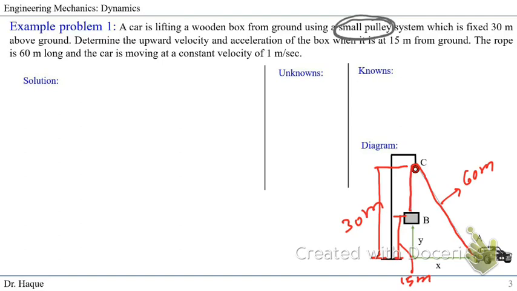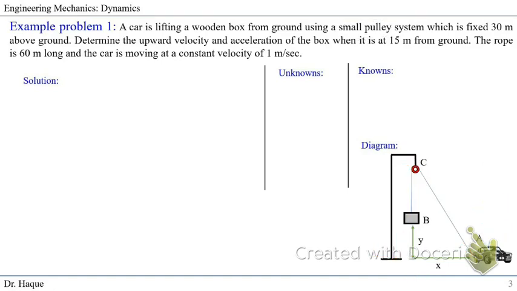So this pulley is small enough that we can neglect it, and we don't have to worry about the length covered by it. It also says the car is moving at a constant velocity of 1 meter per second. So what it means is that this car is moving in this direction at 1 meter per second. Okay, so we have understood the problem.